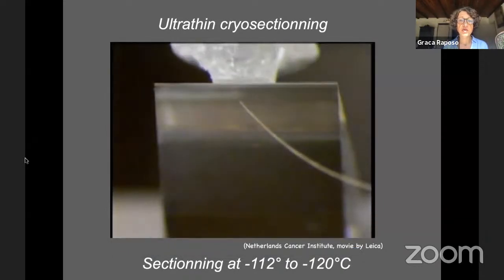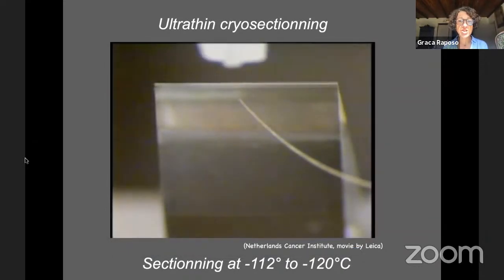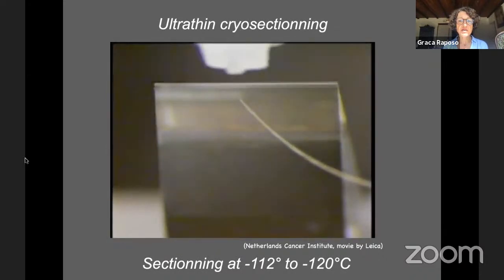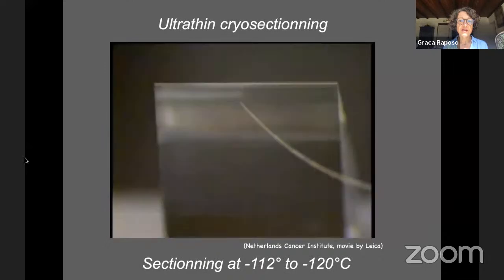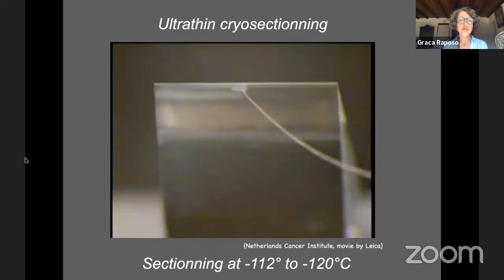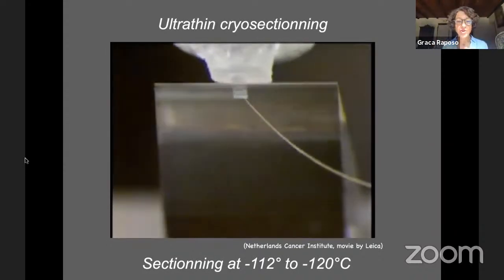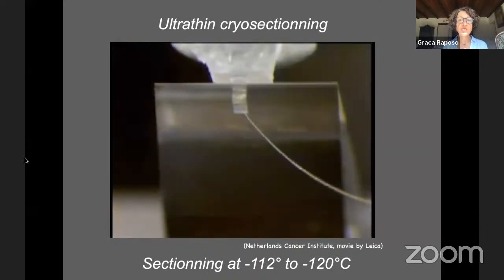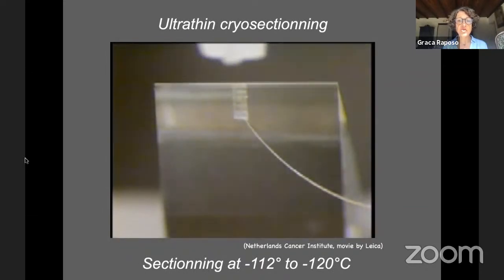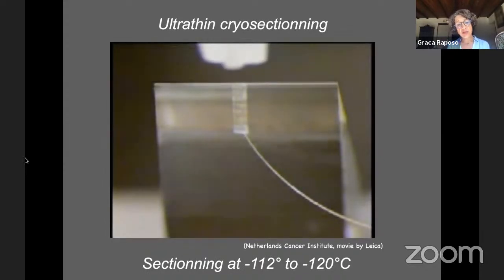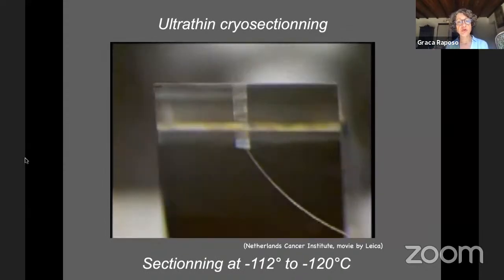Again, you can use the eyelash to do the sectioning. You see the sections. You just have to be very patient and relaxed to take your sections, and then you collect them with a loop. Normally in this loop you collect the sections.